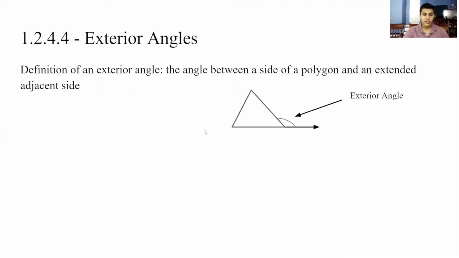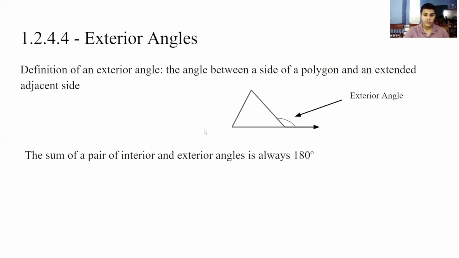And then finally, after that, we talked about exterior angles, which is the angle between the side of a polygon and an extended adjacent side. We figured out that a pair of interior and exterior angles always adds up to 180 degrees because it's on a straight line. And then we created a formula from the fact that all the exterior angles in any shape will add up to 360 degrees.